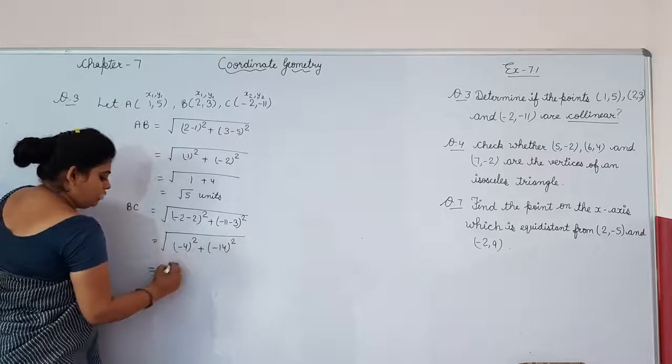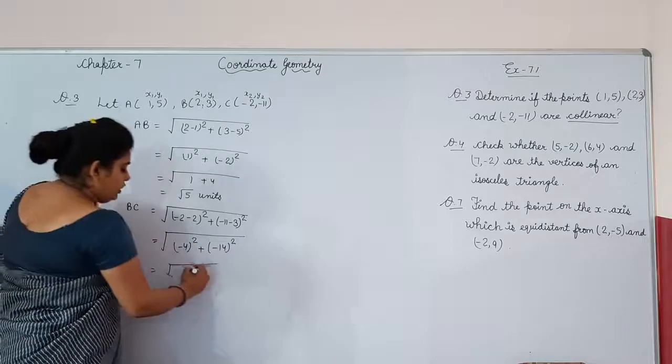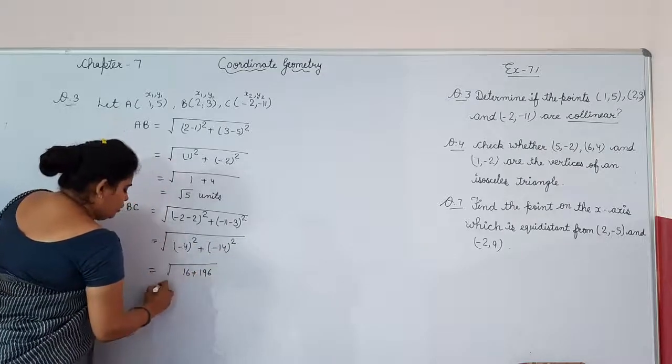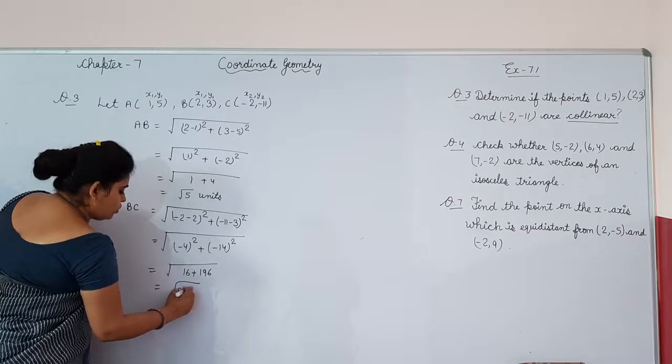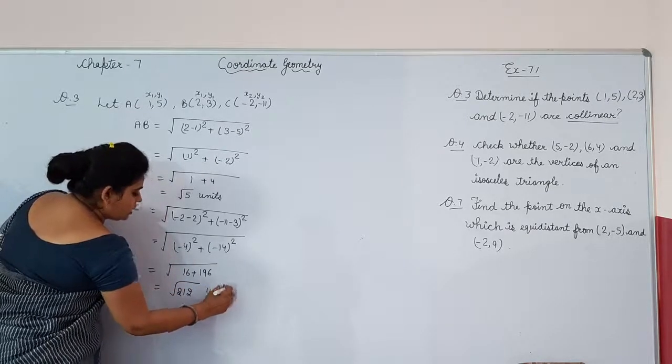Square of -4 is 16 and square of -14 is 196. Then on adding we will get square root of 212 and it is in units.